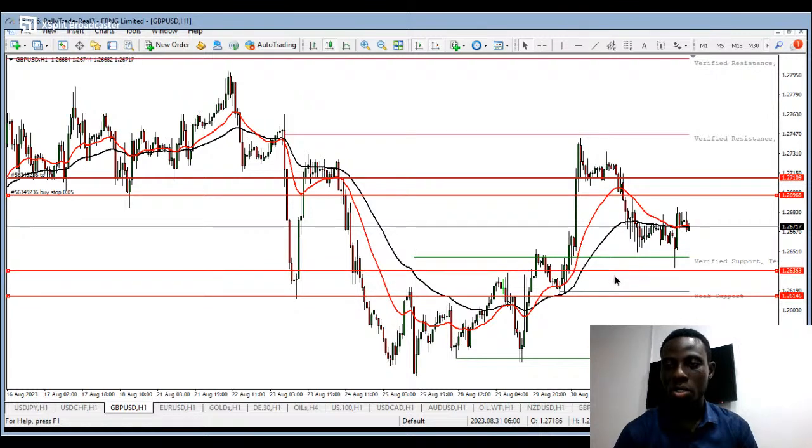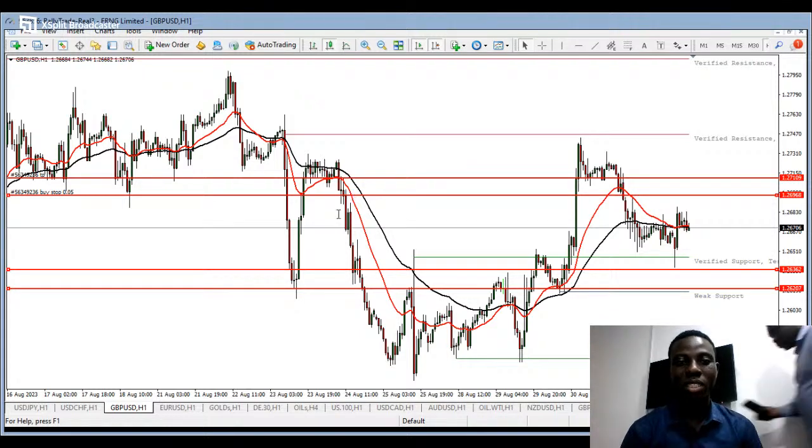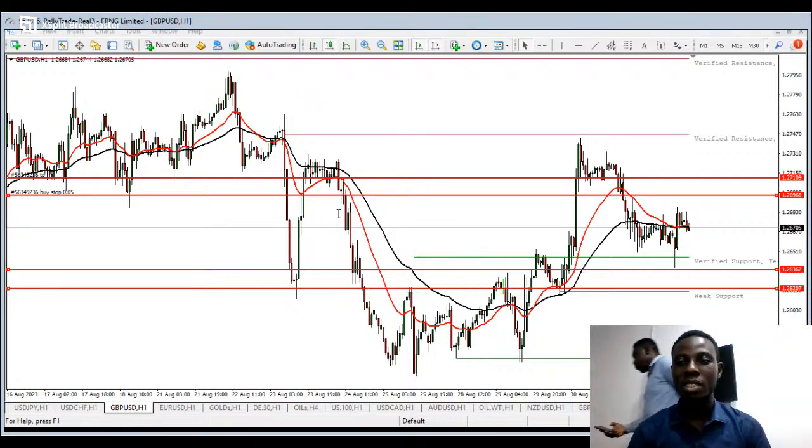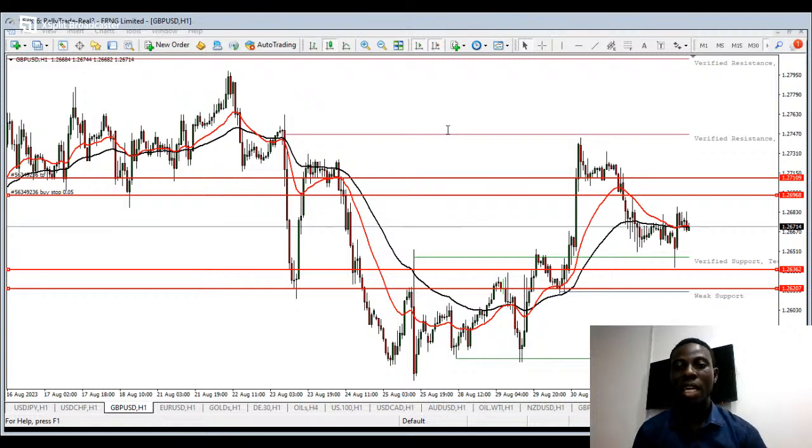The entry price for my sell stop is at 1.26362, and my take profit at 1.26207.